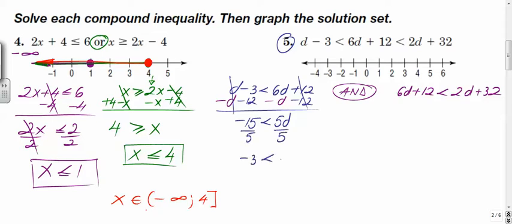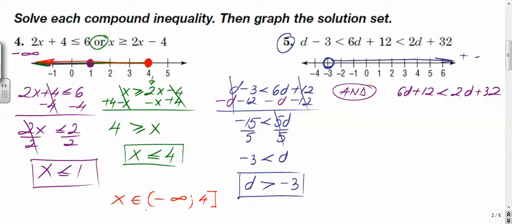Negative 3 less than d, right? Because 5 divided by 5 is 1. Or you may say d greater than negative 3. Okay? If you want to graph it, negative 3, empty circle, all the way to the positive infinity.